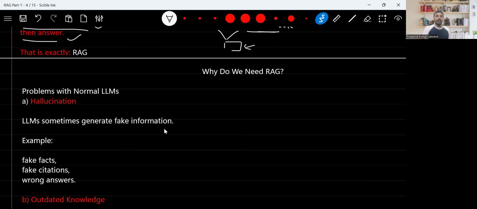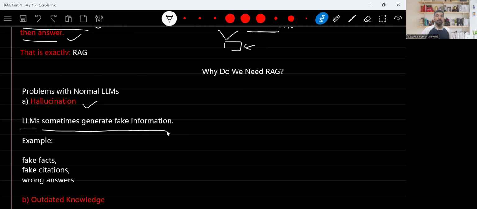So why do we need RAG? To avoid hallucination. Hallucination is a very, very important problem or drawback with the LLMs. So, in order to avoid hallucination, we need the RAG system. LLMs sometimes generate fake information because it doesn't know the updated information, but it won't say that I don't know the information.